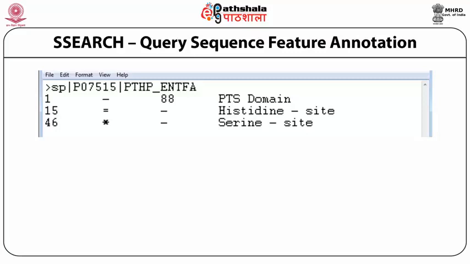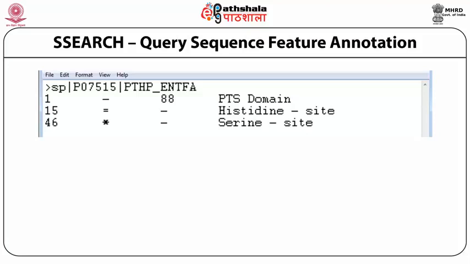This information will be used by the program to label residues according to the information provided for each position. The first line contains the comment information. Next lines contain information for residues at specific positions. The second line, position 1 to 88, is named as PTS domain. Therefore, in the final alignment, residues 1 to 88 will be labeled as PTS domain.